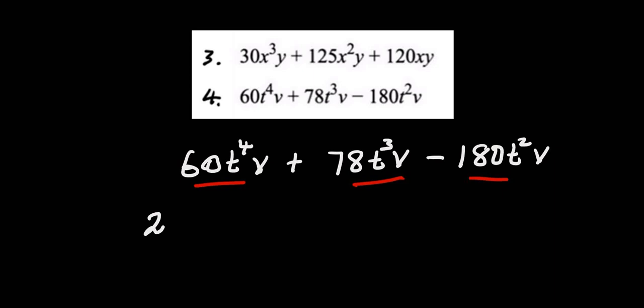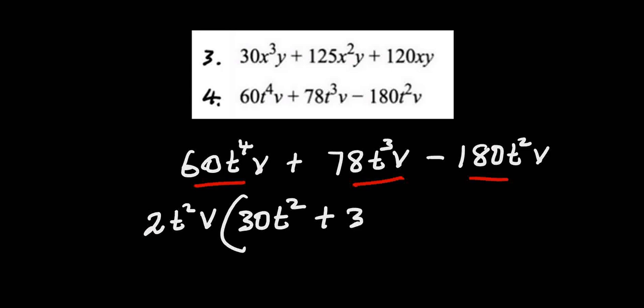The GCF of t to the fourth power, t to the third power, and t squared is t squared, while the GCF of v in the three terms is v. So now open parenthesis, divide each term by the GCF, and that's going to give us 30t squared plus 78t to the third power v divided by the GCF.